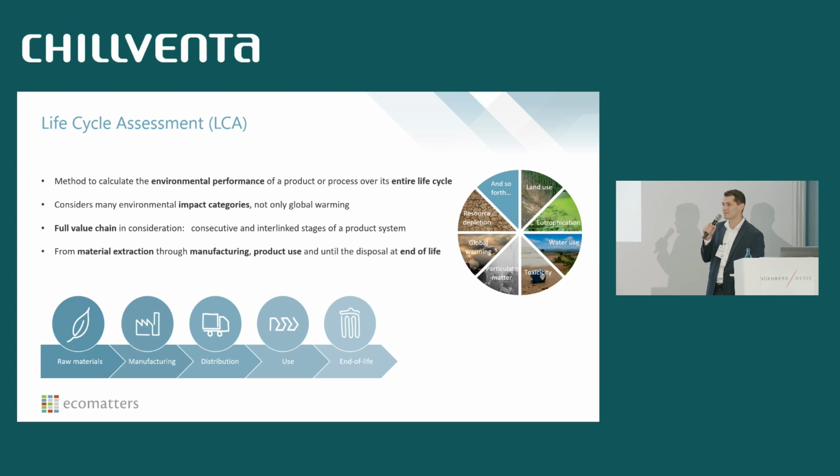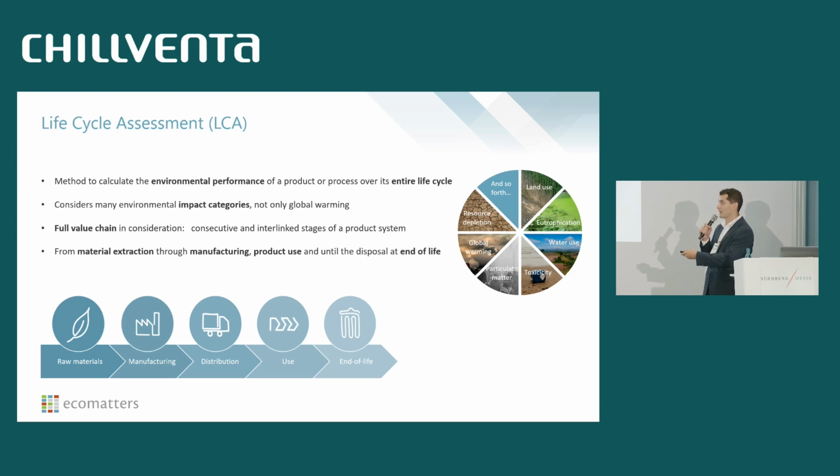So enough about us. Let's move on to why I'm really here. Life cycle assessment is the method to calculate the environmental performance of products over its entire life cycle. So it's really in the name that you include the full value chain. So you take into consideration these consecutive stages of the product system.